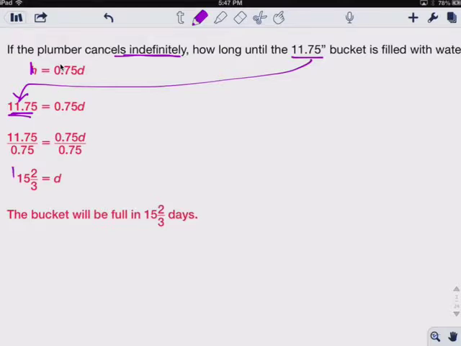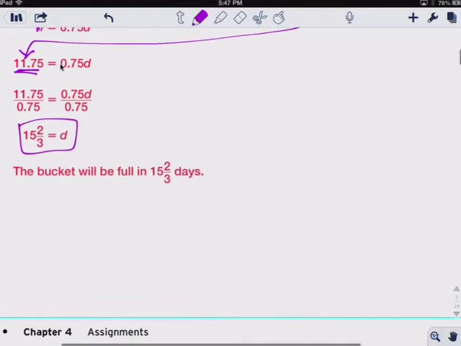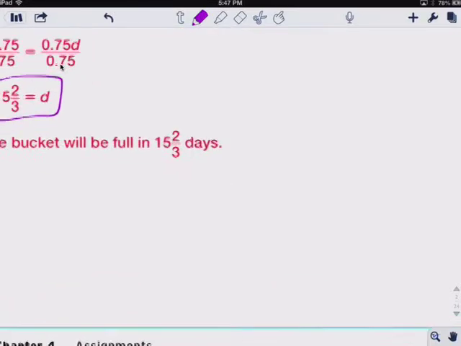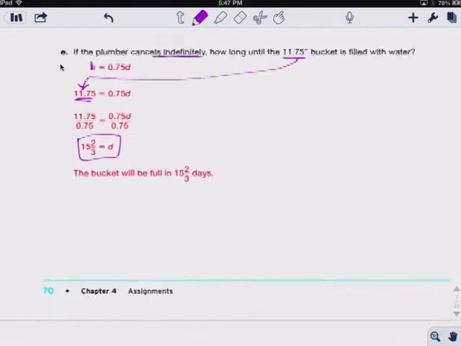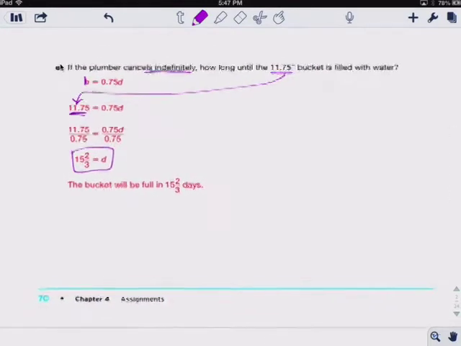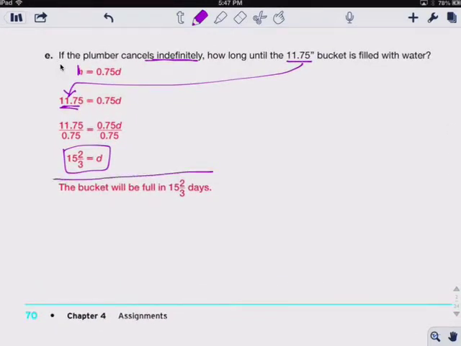They change it into a fraction because they expect that you know that 0.666666 is 2 over 3. So the bucket will be full in 15 2/3 of the day.